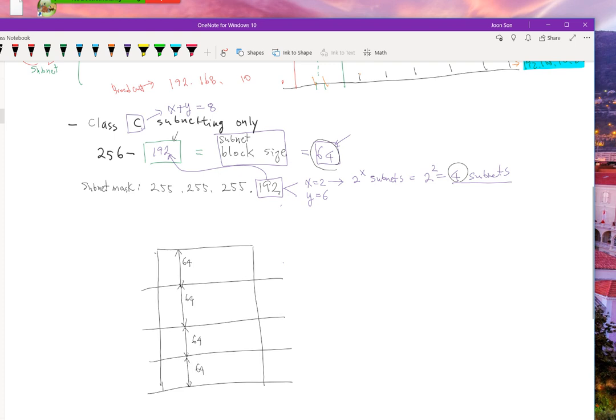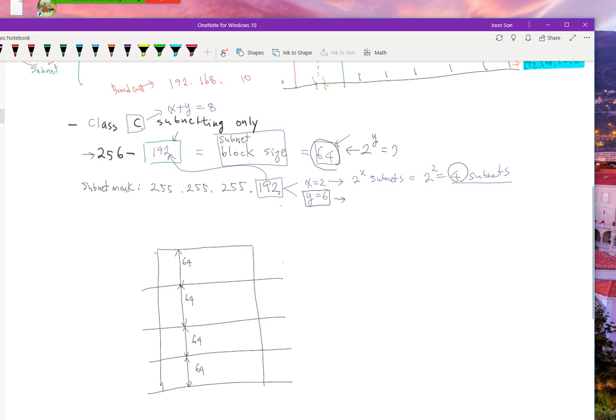By the way, this is a formula you can use to get the block size, but you don't have to really memorize it. In class C subnetting, y actually tells the block size. So basically 2 to the y is the block size.